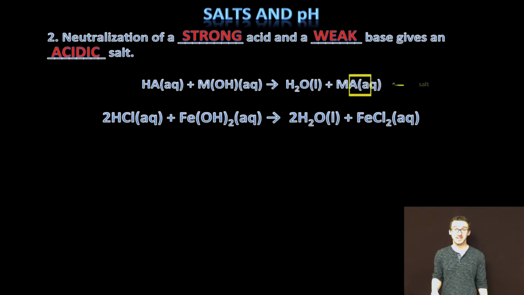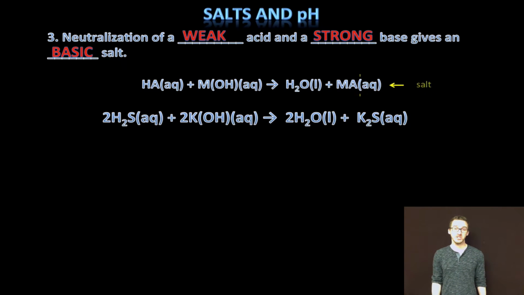It'll be a slightly acidic solution. Neutralization of a weak acid with a strong base gives a basic salt. The example on your screen, you've got hydrosulfuric acid, a weak acid, neutralized by potassium hydroxide, a strong base. The salt that forms, potassium sulfide, is considered a basic salt. It will affect the pH, creating a slightly basic solution.